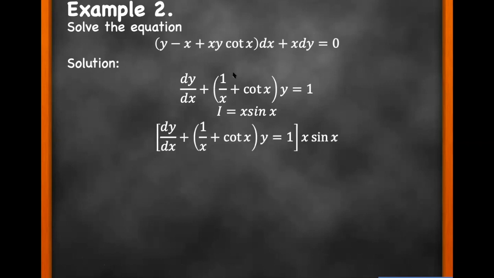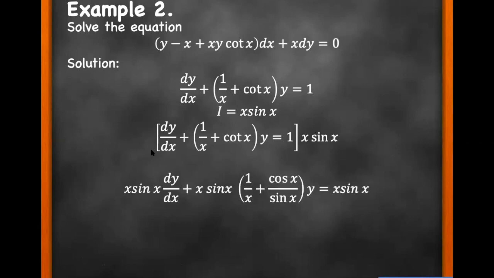We now multiply this standard form by this integrating factor. So now we have the first term: integrating factor times dy over dx, integrating factor times this part of the equation, and then equal to x sine of x. So 1 times this is x sine of x.